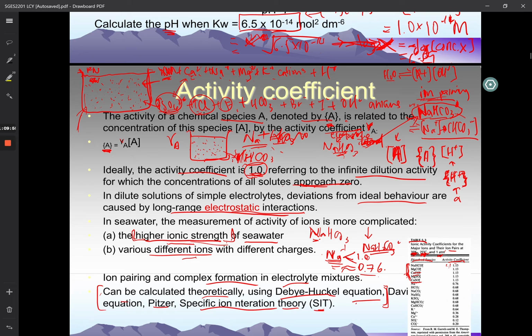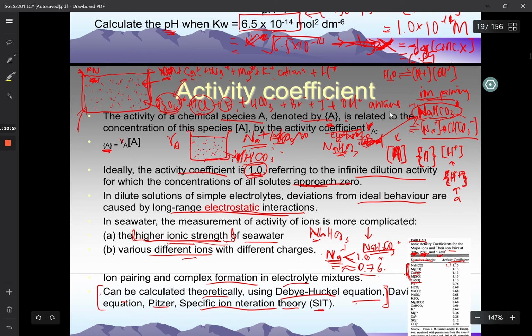If you have a very dilute solution, then the activity will always approach, or be close to, 1.